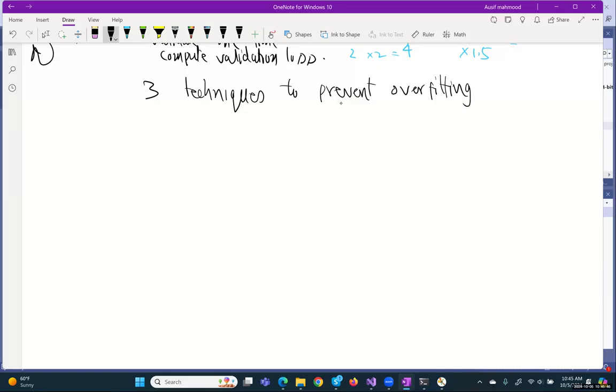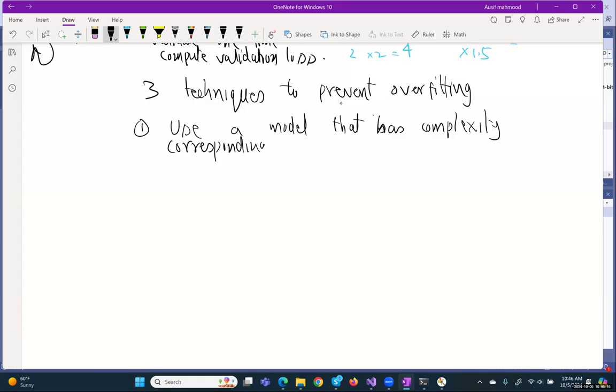One, use a model that has complexity corresponding to the nature of the problem.